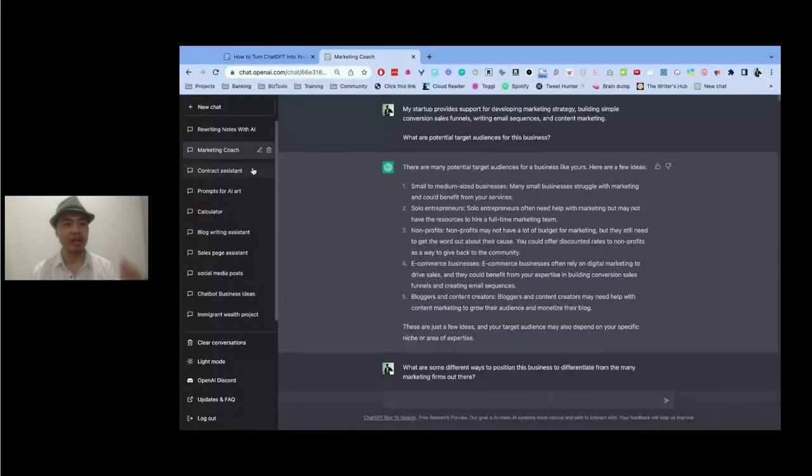Okay, so on the left-hand side, you have a new chat button at the top. And usually when you're starting out, you would just hit new chat. And then you'd have a blank screen and you could type in your prompt to get started. All right.